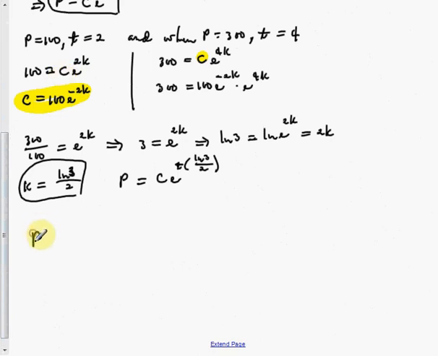So P is equal to 100 times e to the negative 2k times e to the kt.